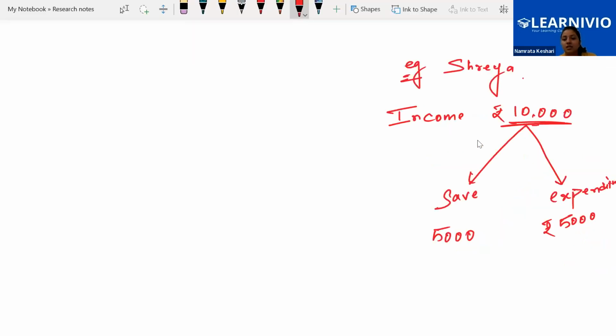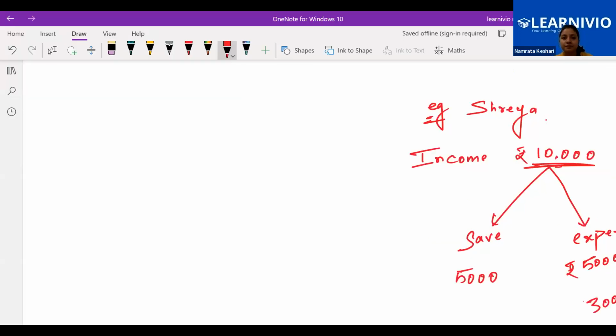Let's say in the other case, in one of the months she is spending just 3,000. Then Ziana, can you tell me what will be her saving now if she is spending 3,000 a month? 7,000. Yes, Ziana.